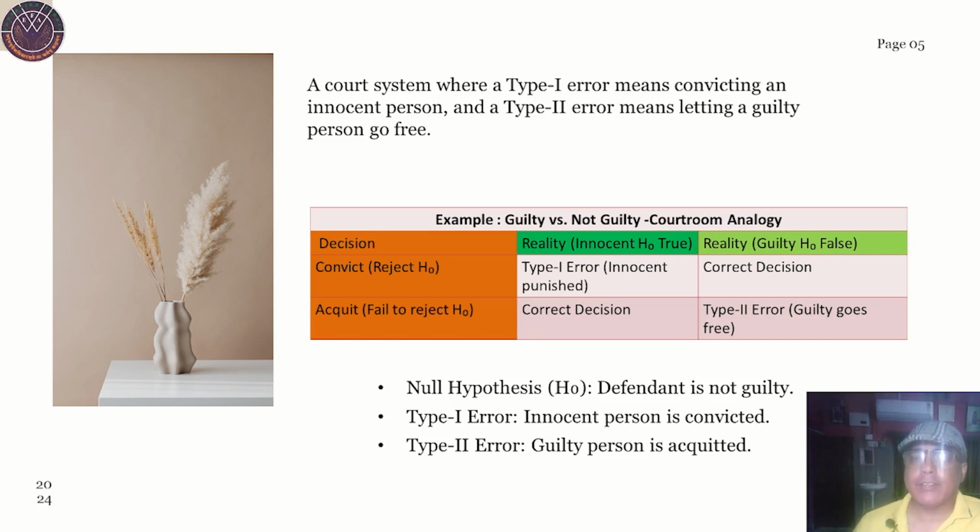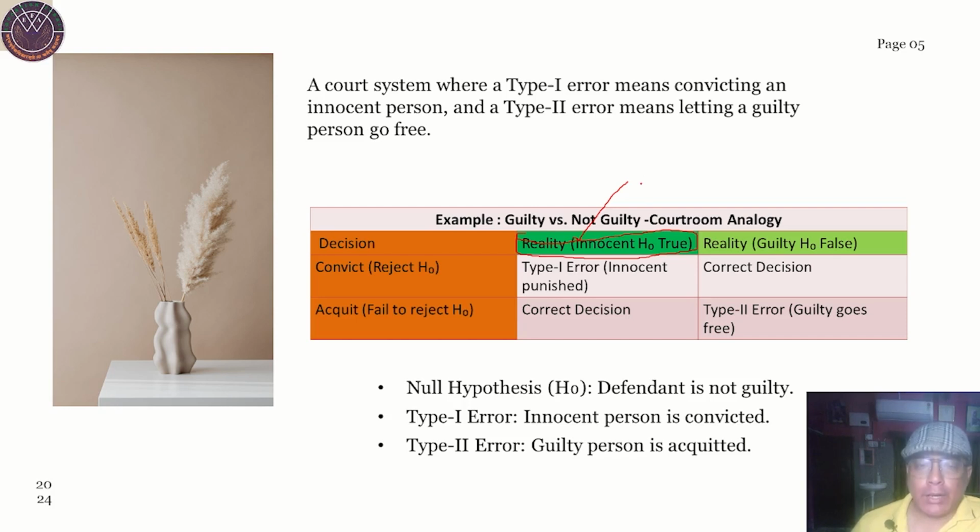And you go for the case, and suppose in reality, just try to understand this in deep green color, that is the actual condition, that the person is innocent.